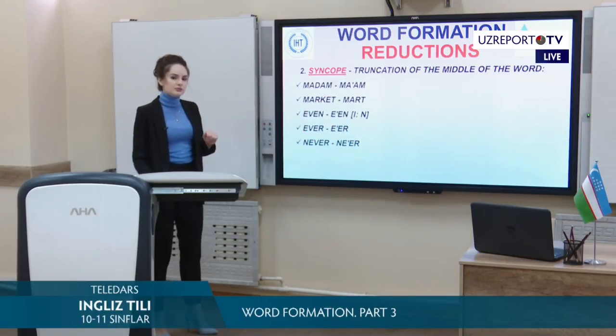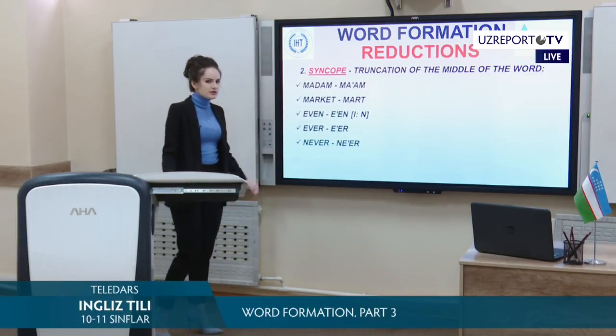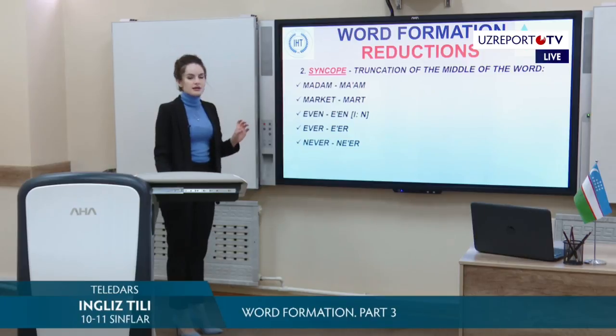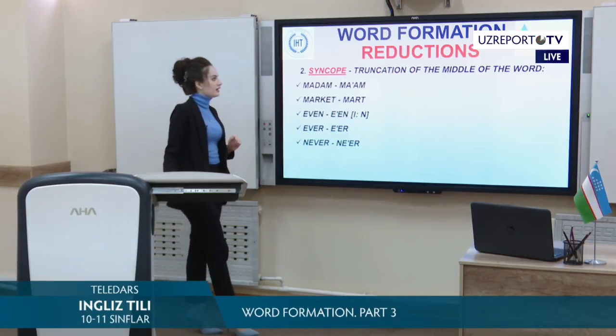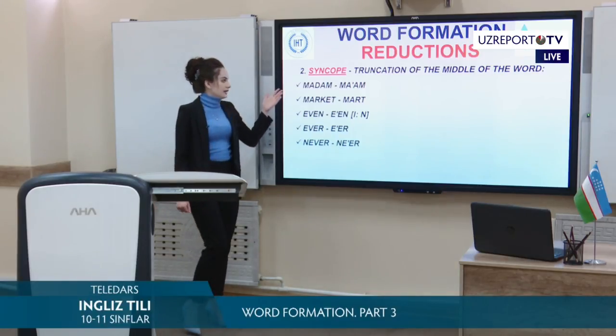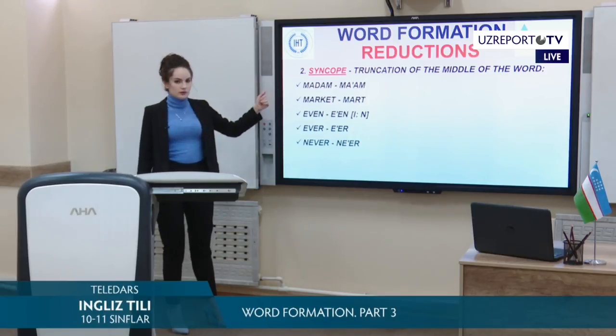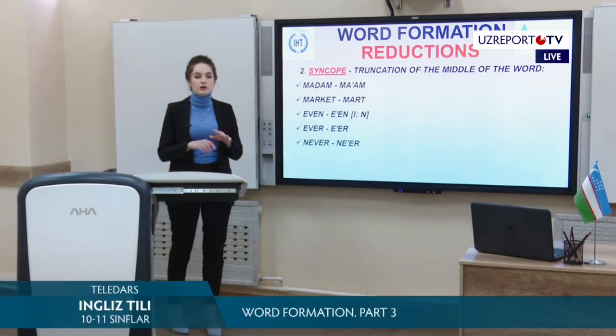The second type of formal reduction is syncope. It's also a formal word, but please, I strongly recommend you to remember its definition: truncation of the middle of the word. You exclude the middle of the word. Look, please. Madame, ma'am. Market, mart. By the way, the word mart is really spread all over the world.